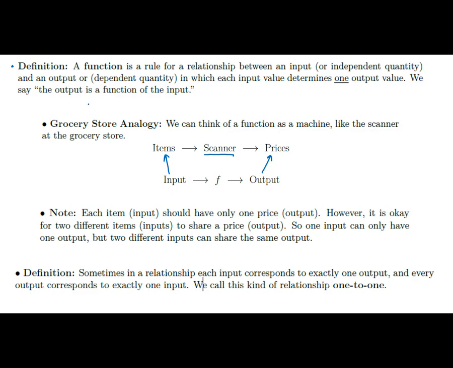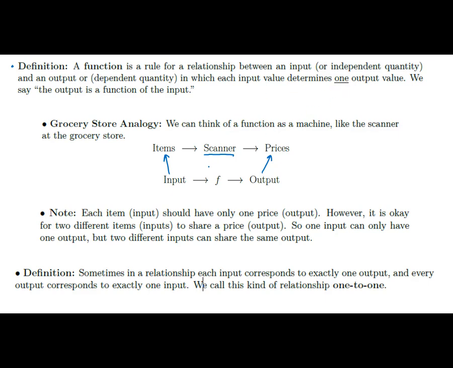So it says that a function is a rule for a relationship between an input or an independent quantity and an output or the dependent quantity, in which each input value determines one output value. Okay, so that's the formal definition of a function. So it has to have this property that every input determines only one output.